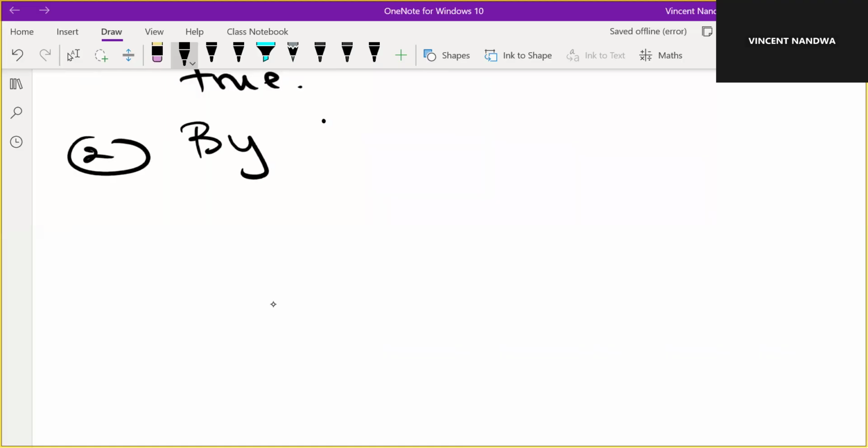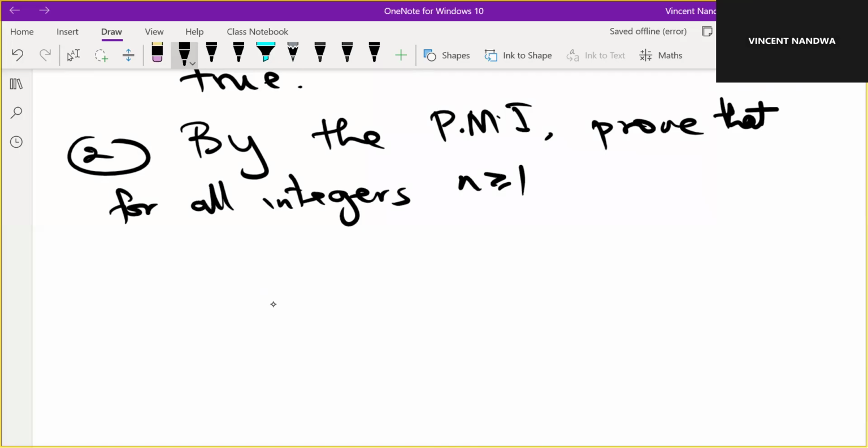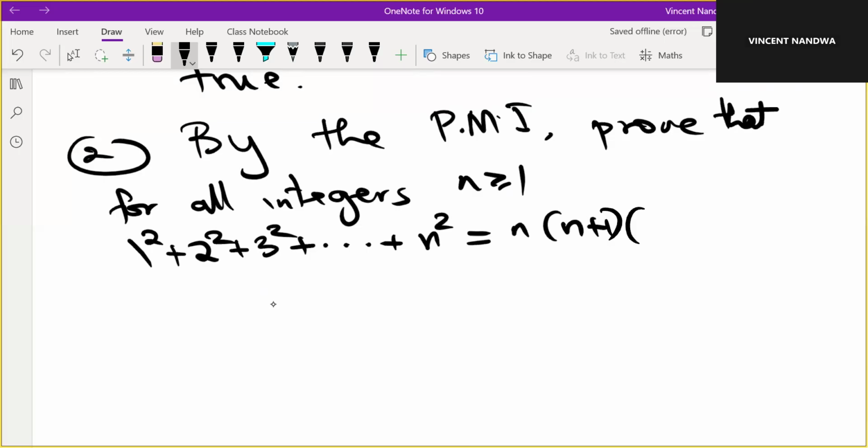So problem 2: by principle of mathematical induction, prove that for all integers n greater than or equal to 1, if you take 1 squared plus 2 squared plus 3 squared all the way plus n squared, the answer is n into n plus 1 into 2n plus 1 divided by 6.